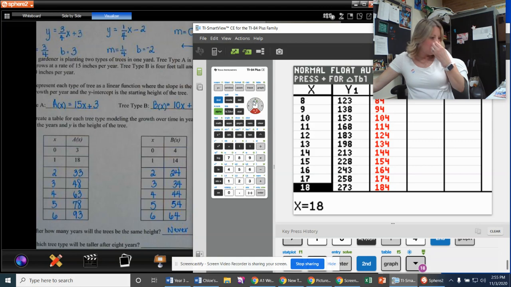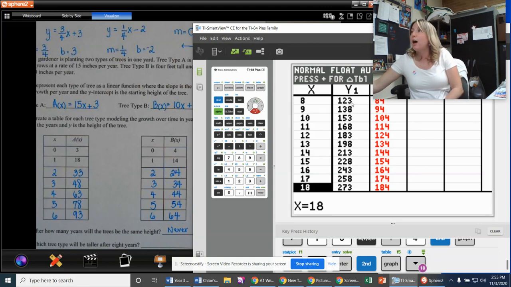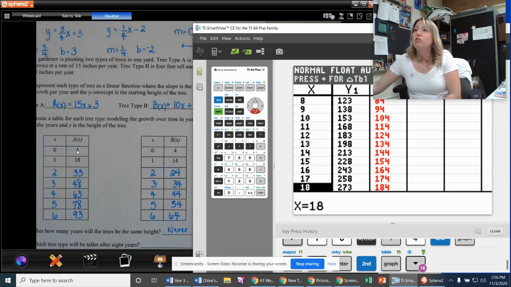Okay. Which type of tree will be taller after 8 years? Well, I just happened to stop at 8 years here, and it really was just happened. I hadn't read that problem yet. So which type of tree is taller? Well, the tree that pretty much started out to be taller, right? They're not ever the same height at any one point, but this tree was only ever smaller the first year, and then they surpassed each other.